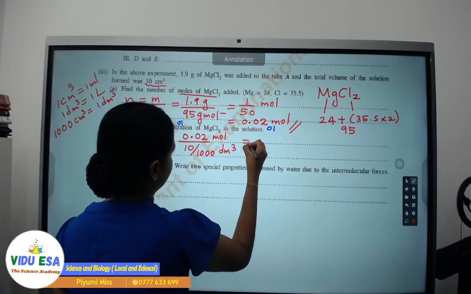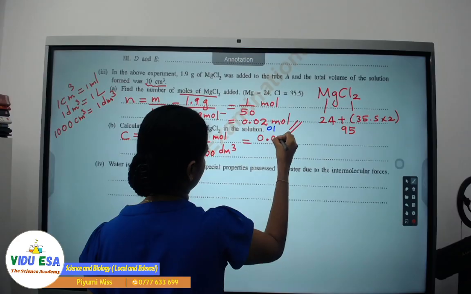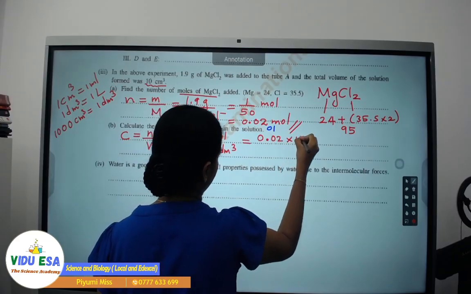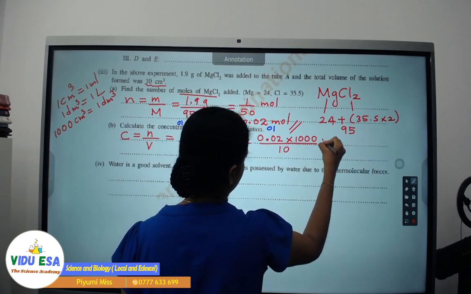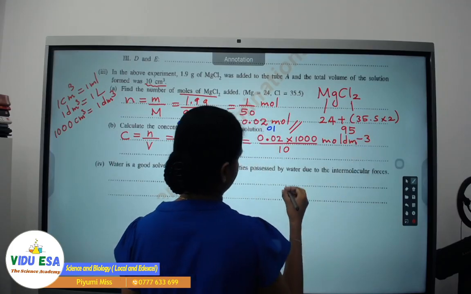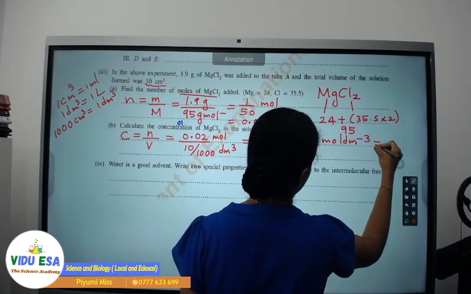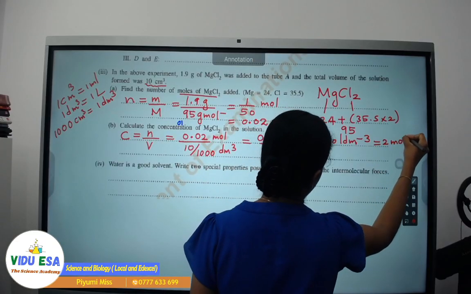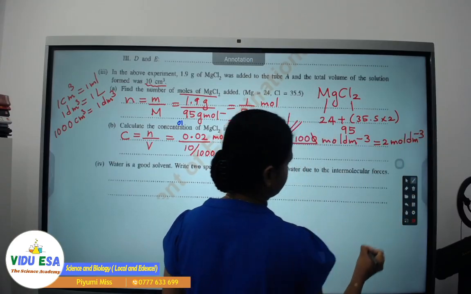So here it is 0.02 multiplied by 1000 divided by 10 moles per cubic decimeter, which equals 2 moles per cubic decimeter.